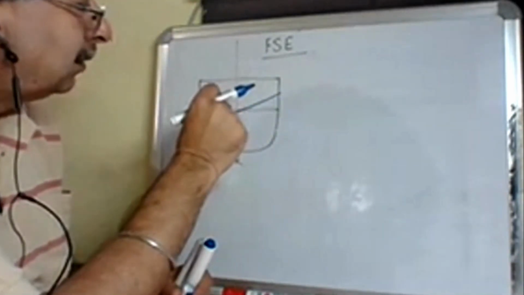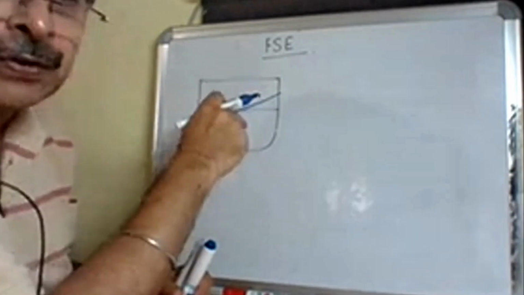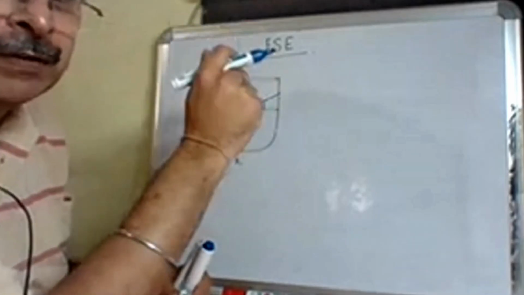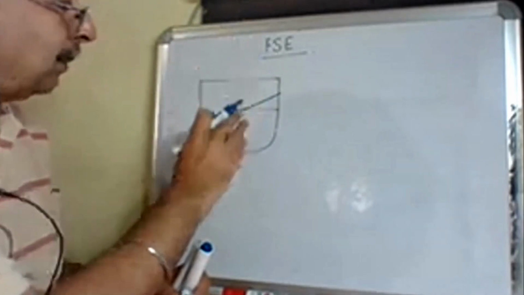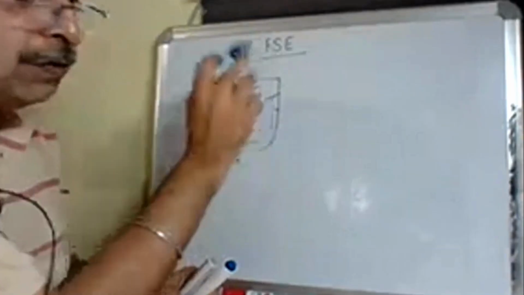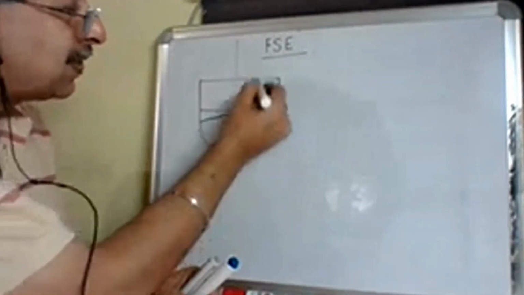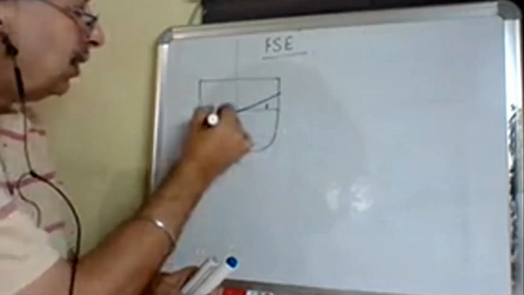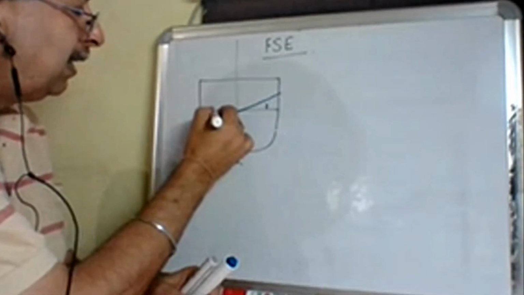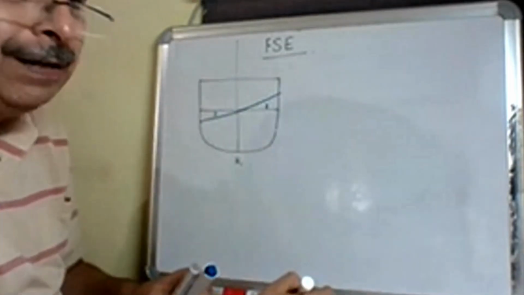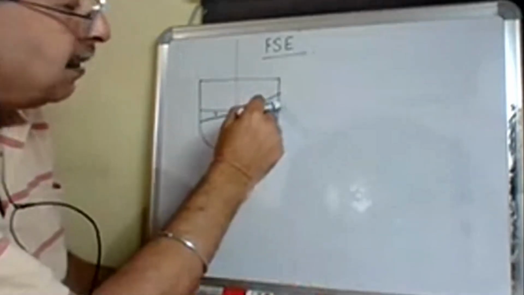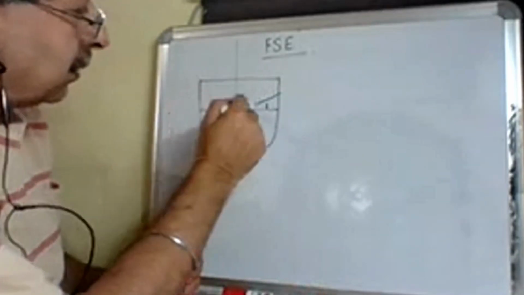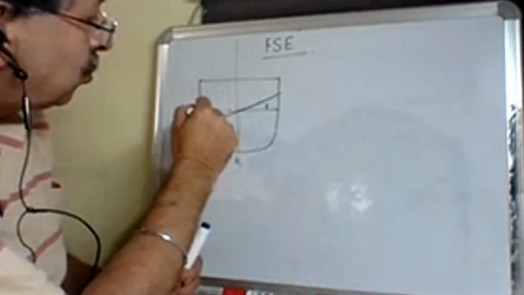What is going to be the effect of this on the stability of a ship is what we are trying to discuss. The G of the vessel will increase on the starboard side by this much distance, it will go up, and on this side it will decrease by this much distance vertically. This is called an immersed wedge, and this is called an emerged wedge.